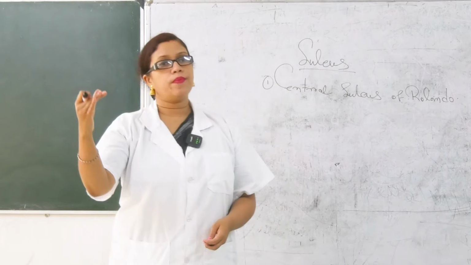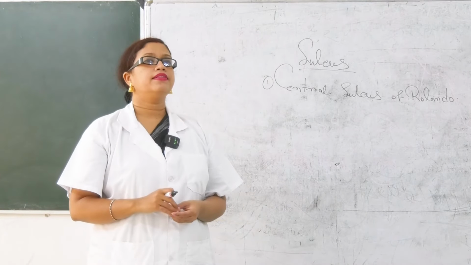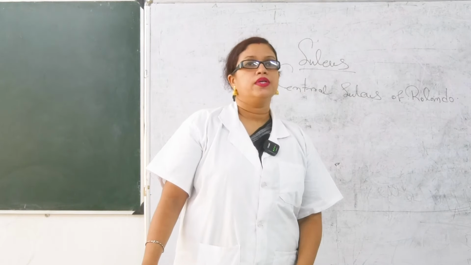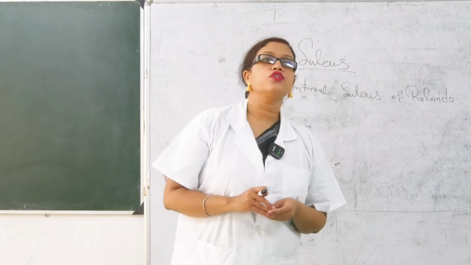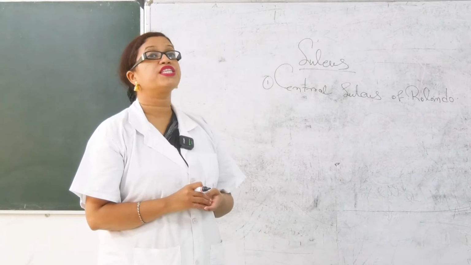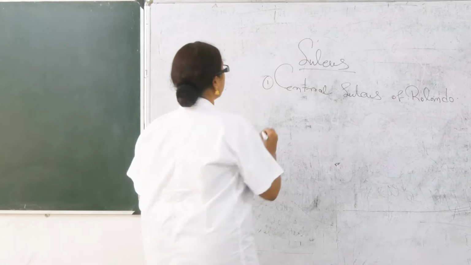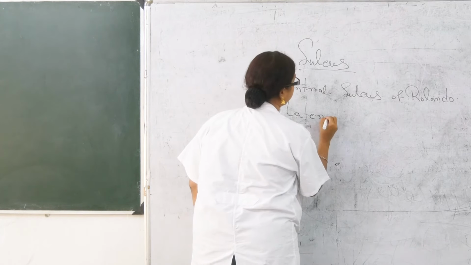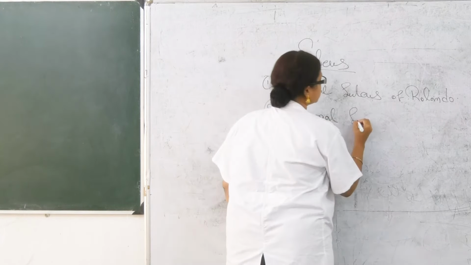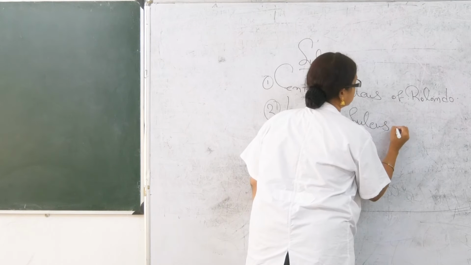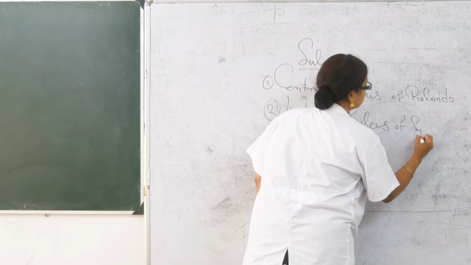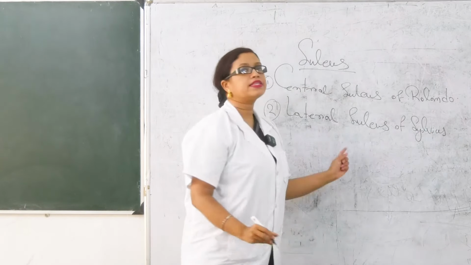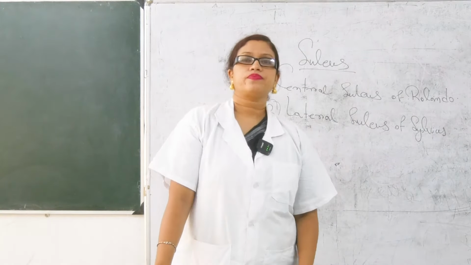Superiorly is the frontal lobe, and below we are having the temporal lobe. This lateral sulcus is also known as the lateral sulcus of Sylvius. So the second one is the lateral sulcus of Sylvius. You have to remember the name. Very much important.